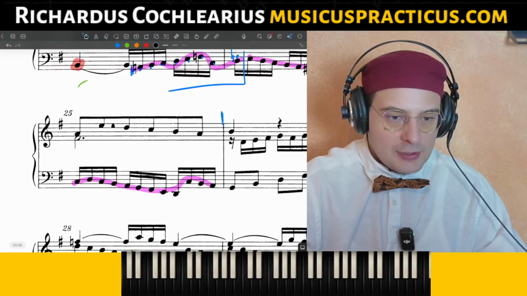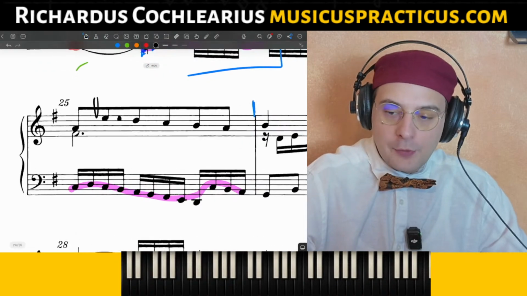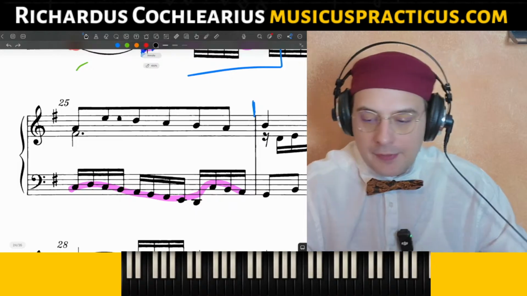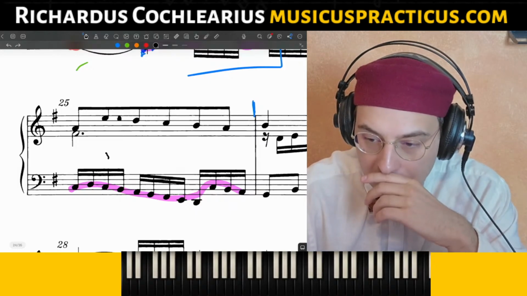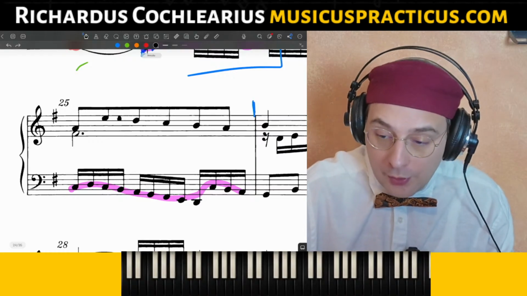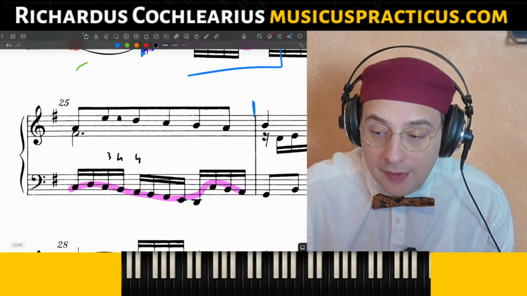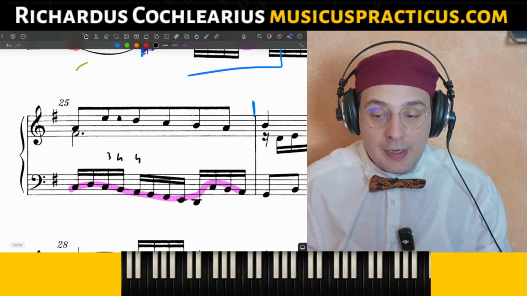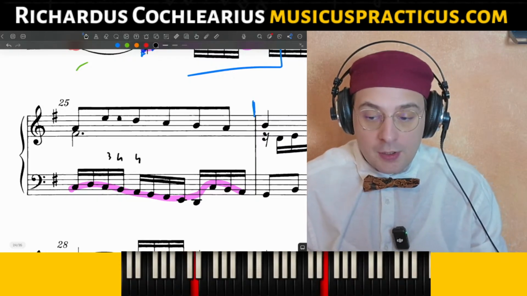Usually this is what happens when we have, for example, 8th notes and 16th. It's a mathematical thing. If we have 3, and then this 3 becomes a 4, then we have another 4, because they move in parallel motion.